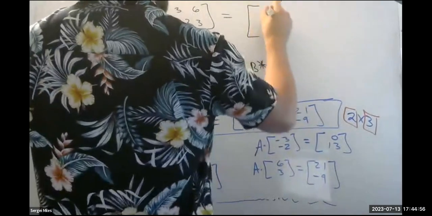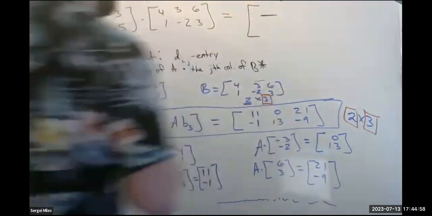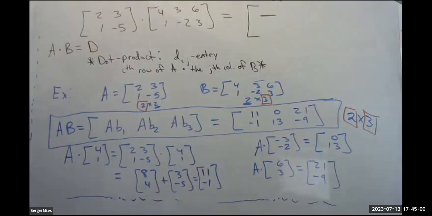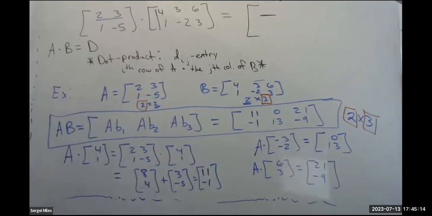So in other words, if I'm trying to calculate this first entry right here, this is in the first row, first column, I want to multiply the first row with the first column.